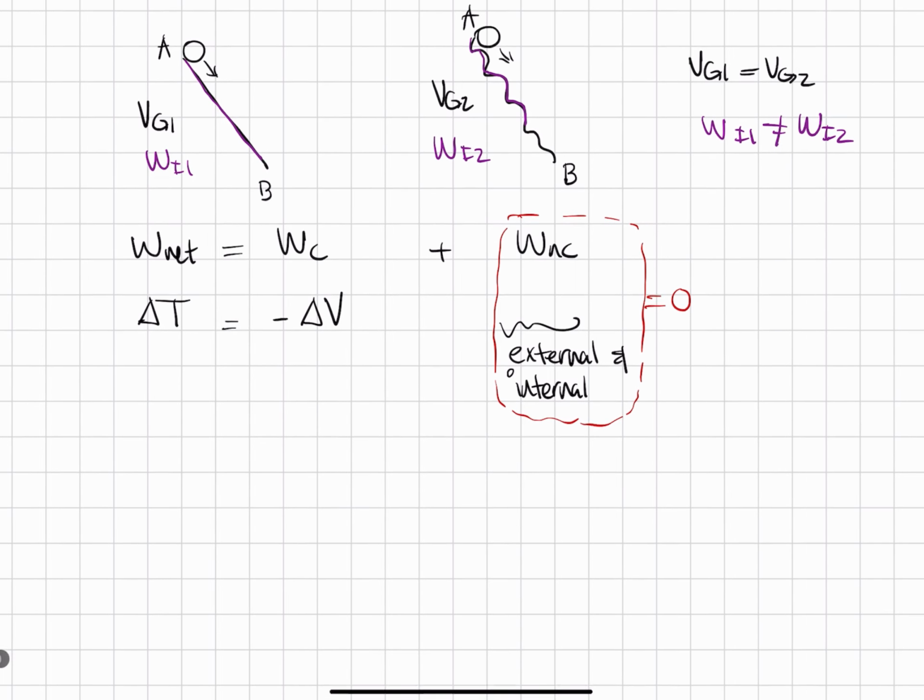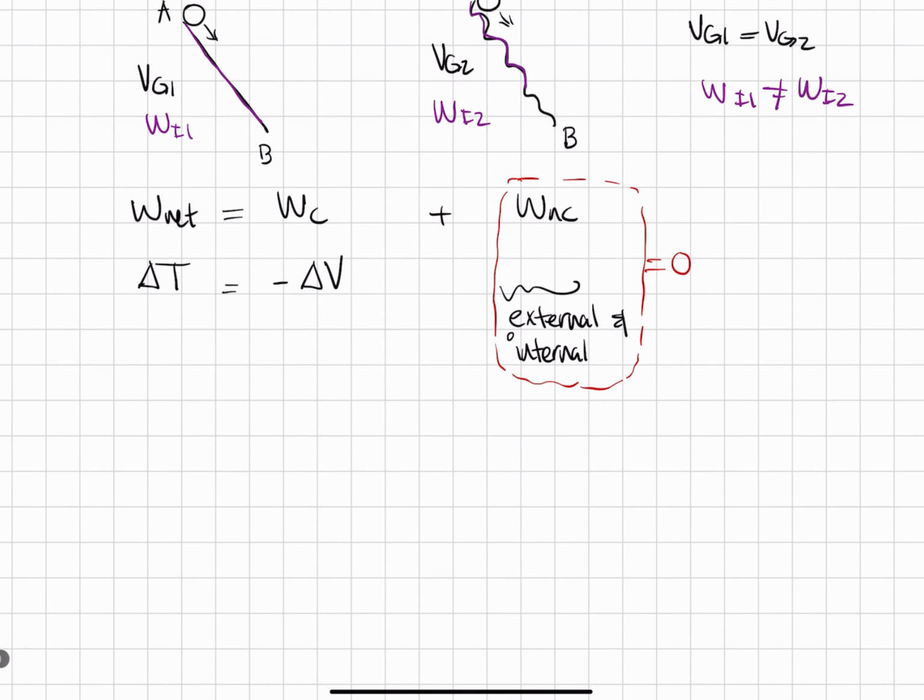Then we end up with the notion of the conservation of energy, which is basically T1 plus V1 is equal to T2 plus V2. And this equation is kind of important. We call this the equation for conservation of energy.